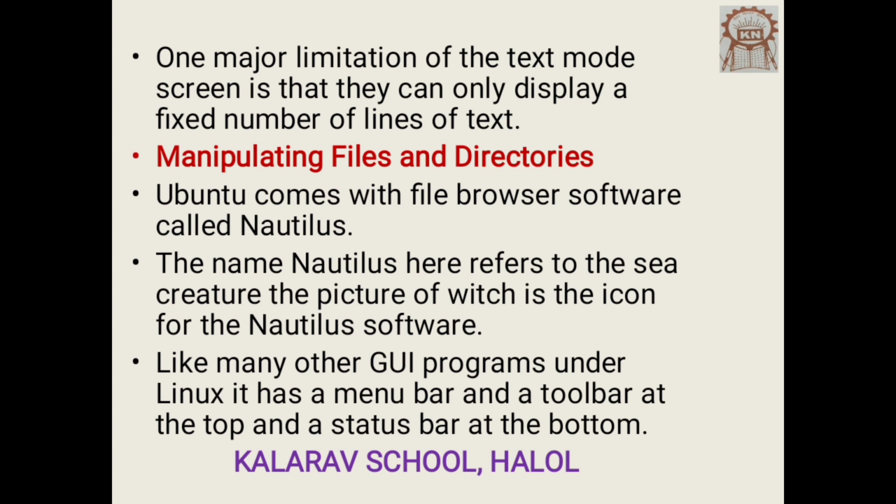A tab can be closed by clicking its close button using the mouse or the shortcut key Shift plus Control plus W. We may copy text from one terminal and paste it in another to save typing.